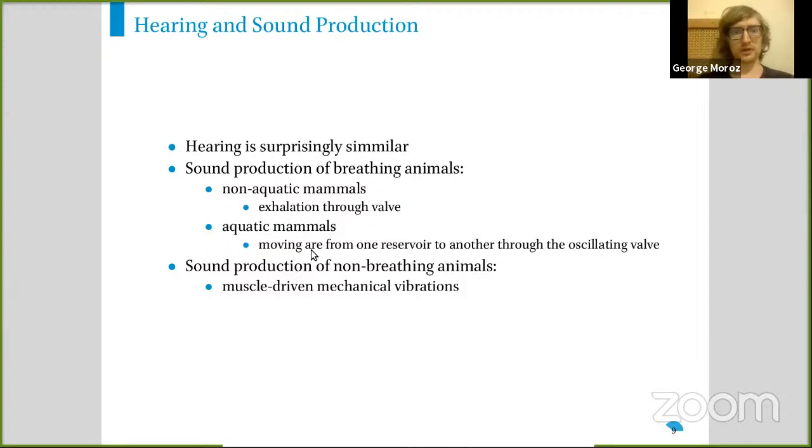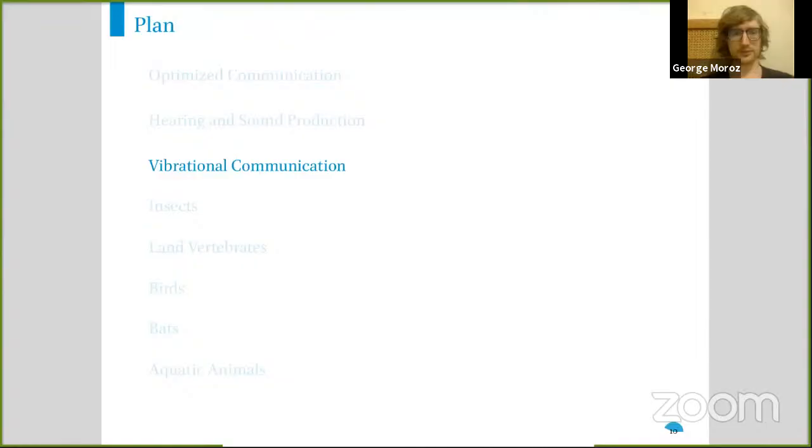They move some air, actually not air but air, from one reservoir to another through the oscillating valve again. So you see that it's possible. In most cases it will be something more or less similar to the human sound production system. For non-breathing animals, it will be some mechanical vibrations, and we'll discuss them in a moment.